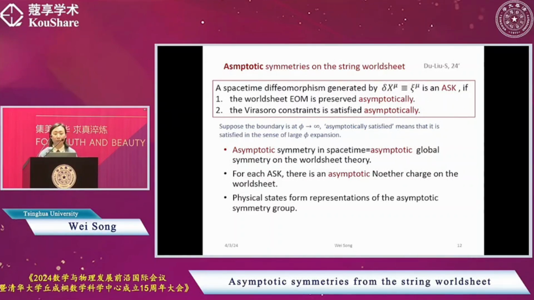We mean that if the target spacetime of string theory has a coordinate, and the boundary is taken by, for example, sending phi going to infinity, then the equation of motion is preserved asymptotically. I mean, the equation of motion equals 0.